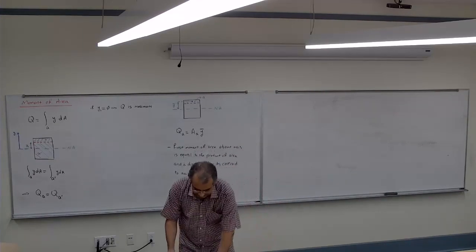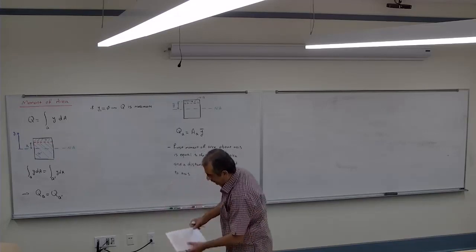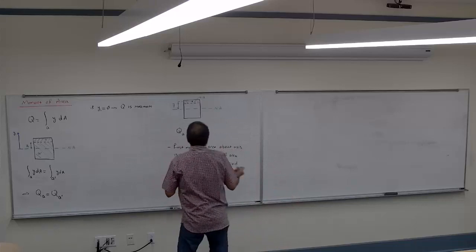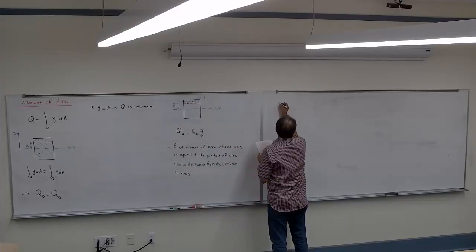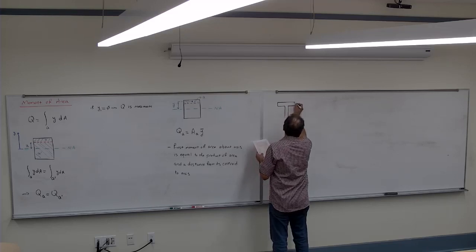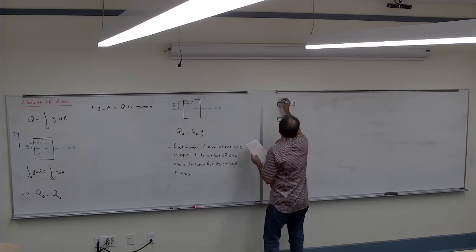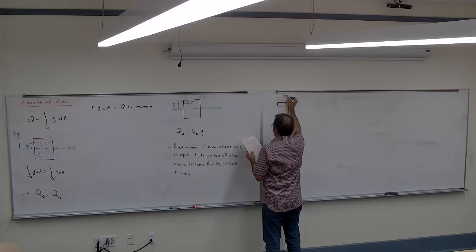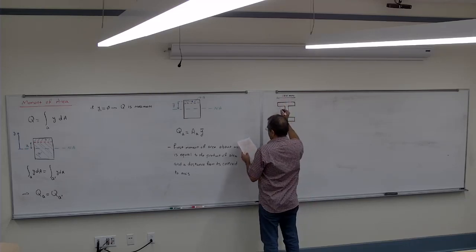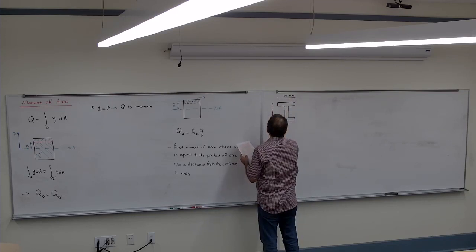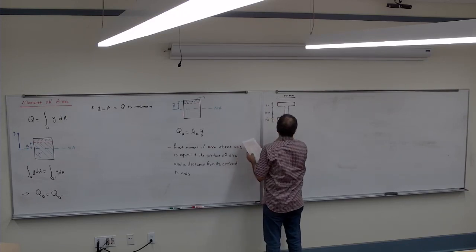That's a very quick, simple example of how I can calculate that Q. So if I have a cross section like this, it is going to be 100 millimeter, with 20, 100, and 20, so that's going to be 20 here.